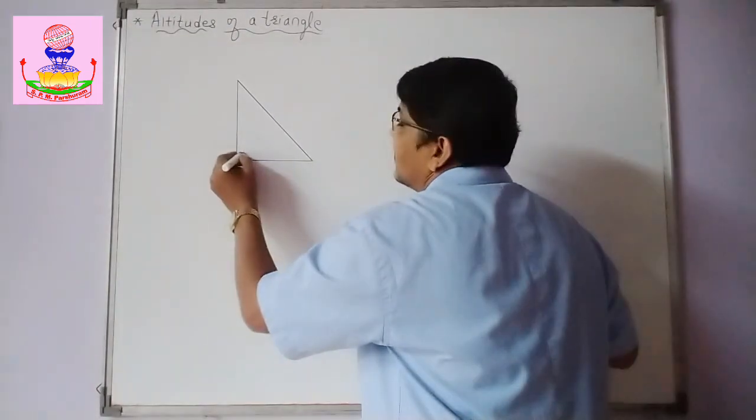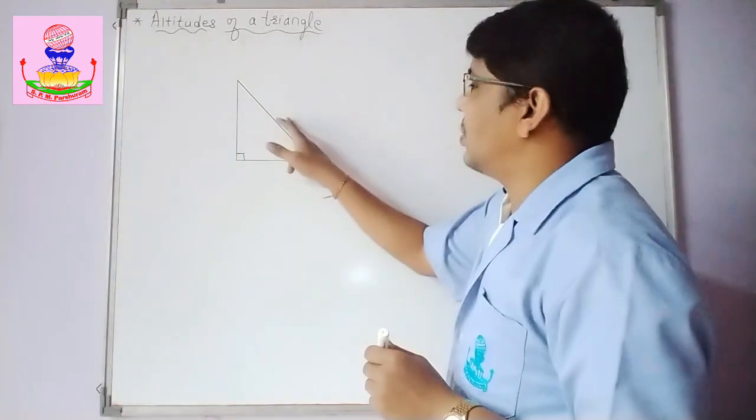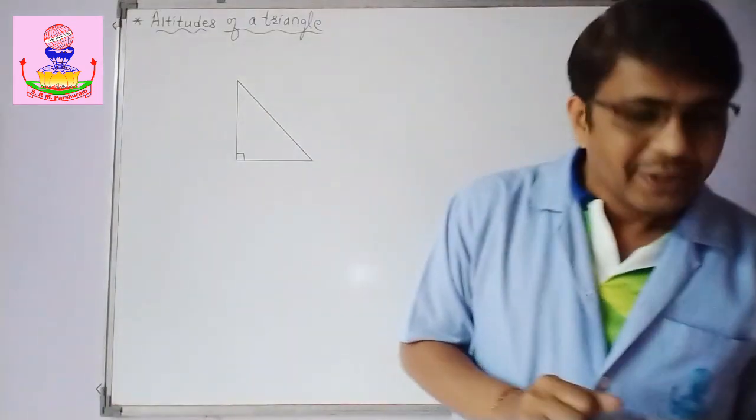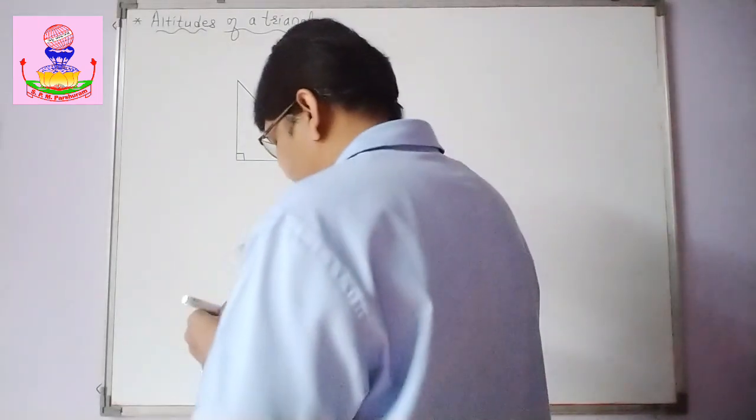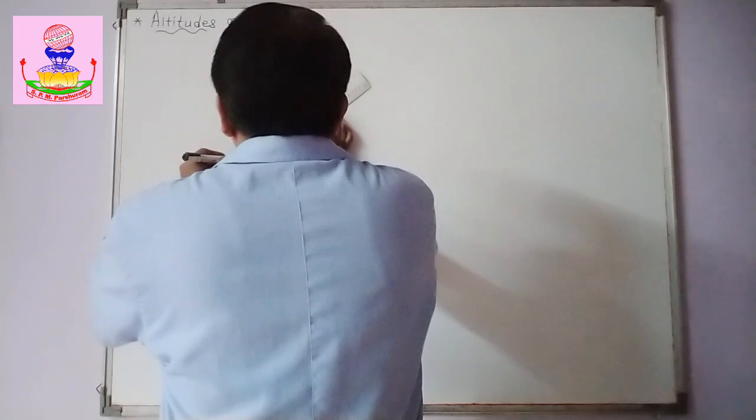So this is a right angle triangle. Okay, here it is 90 degrees. Right? Now first we will draw the altitude of this side. Okay, so this is the vertex. So let us draw that.